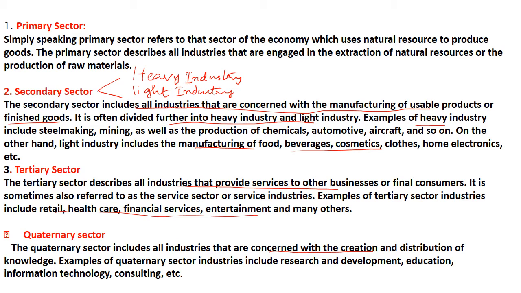Examples of heavy industry are steel making, mining, production of chemicals, etc. Light industry means manufacturing of food, beverages, cosmetics, all of which come under light industry, right?